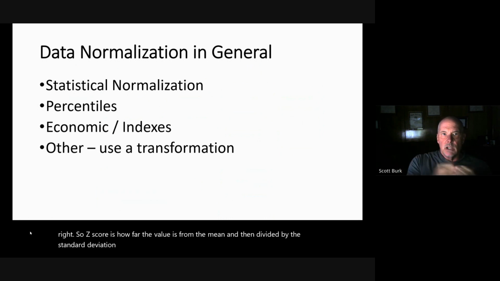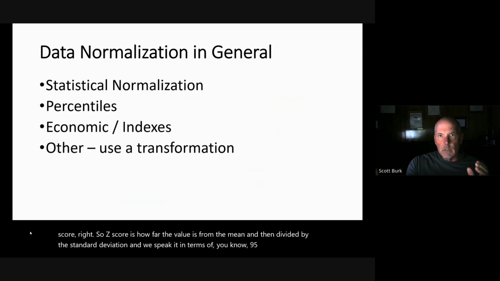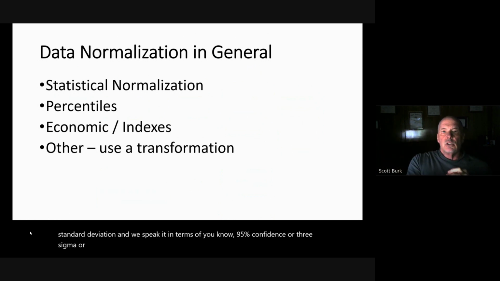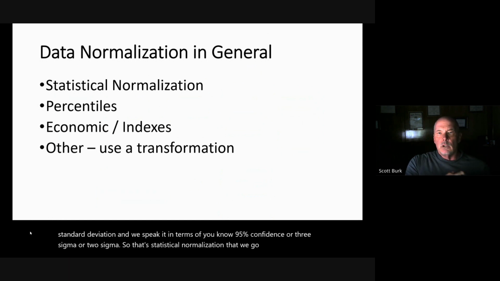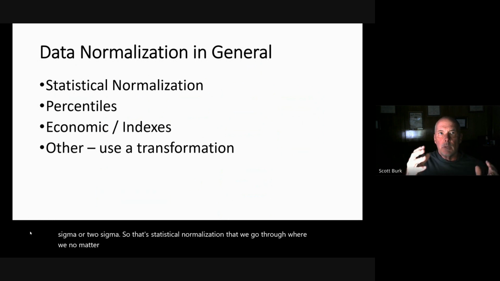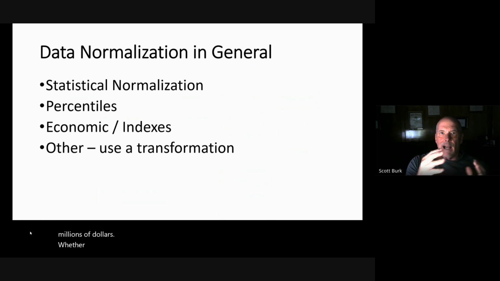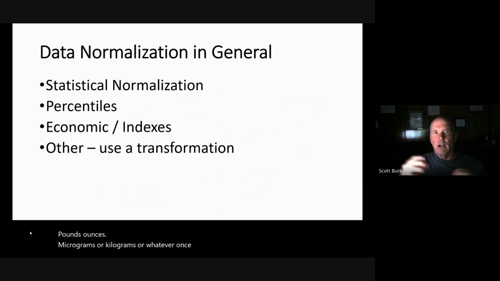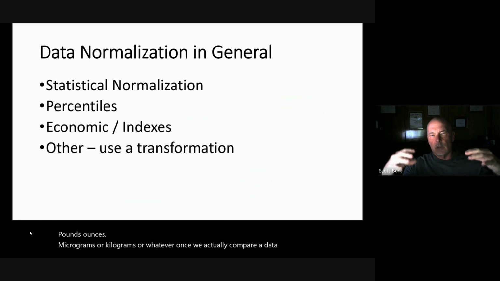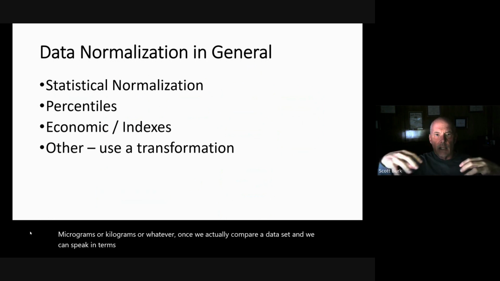And we speak in terms of 95% confidence or 3 sigma or 2 sigma. So that's statistical normalization, where no matter what unit of measurement, whether it's dollars, millions of dollars, weight, pounds, ounces, micrograms or kilograms, once we compare a data set, we can speak in terms of statistical variation, right?